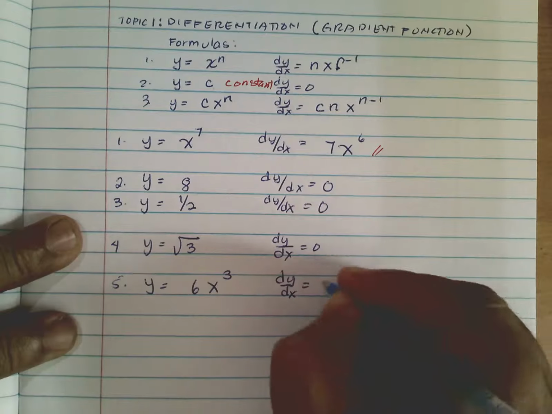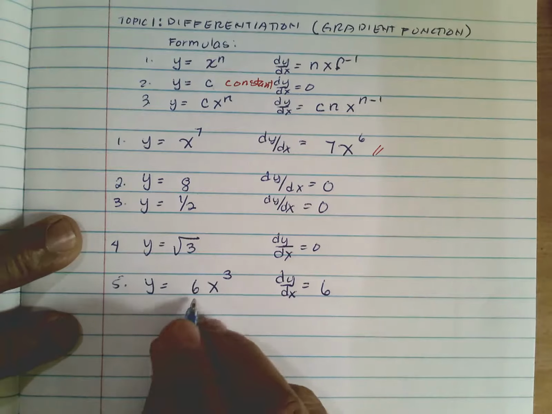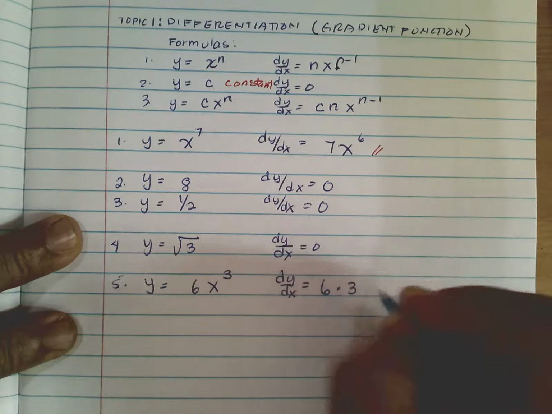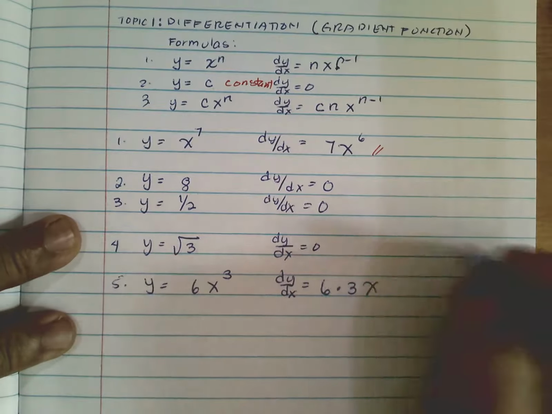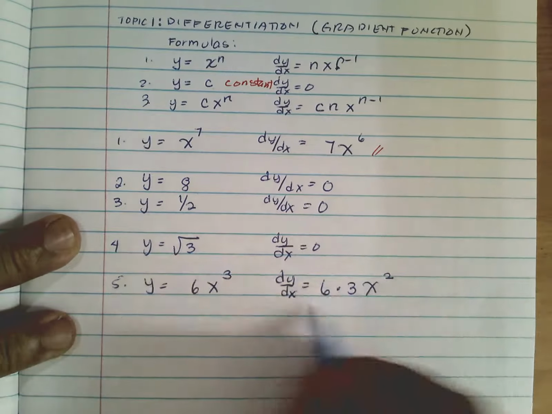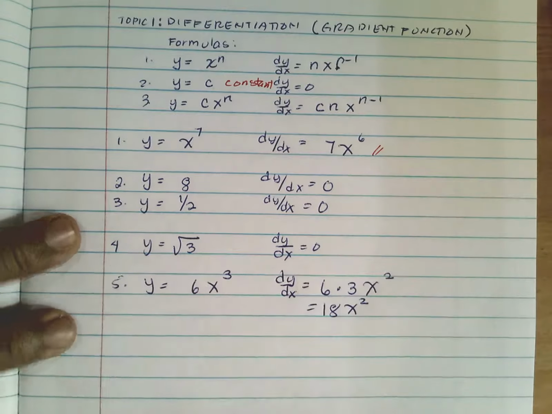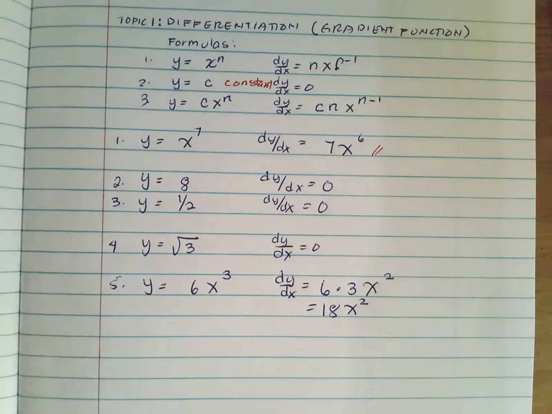So meaning, you just need to copy your 6, your c is 6 there, then put down the 3 times 3, then x raised to 3 minus 1, which is 2. Then just simply simplify that. You have your 18x squared. So that is how you're going to apply formula number 1, 2, and 3.